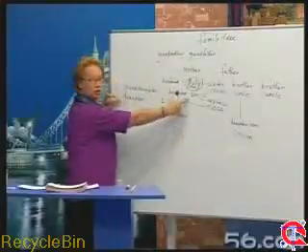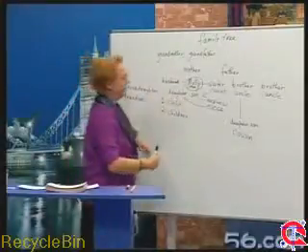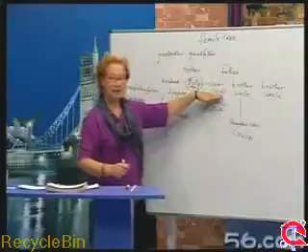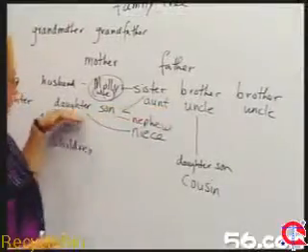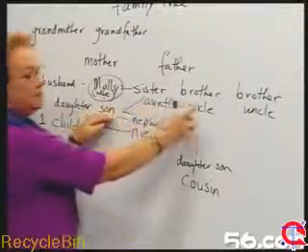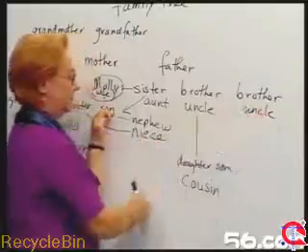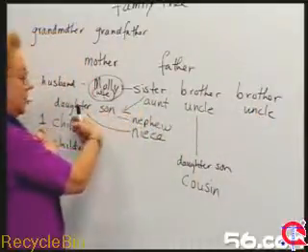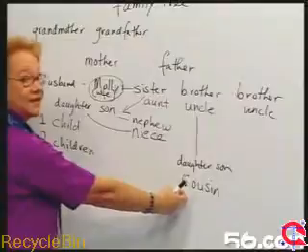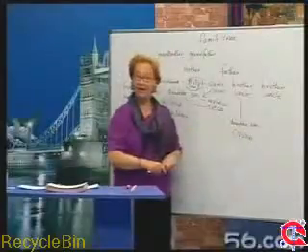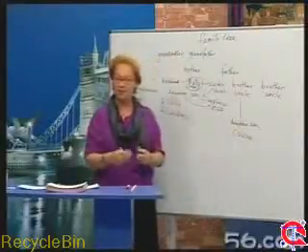Granddaughter, grandson. Now we have the aunt of the daughter and son. Aunt, uncle, uncle. Nephew, niece, and cousins. All right? This is my family tree.